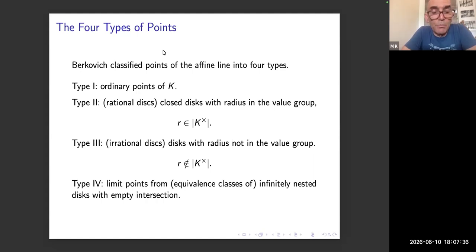But in this p-adic setting, it doesn't hold, so you add such things. Of course, you can have different nested sequences, in a suitable sense, defining the same limit point. So in the affine case, this is what Berkovich did.